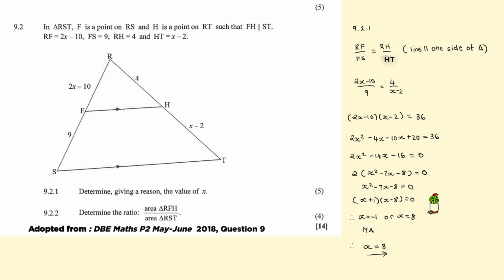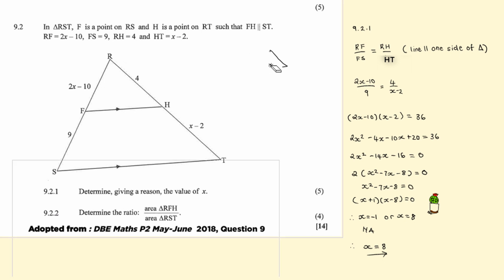Okay, so you're looking for the ratio of the small triangle to this big triangle. Okay, so remember I told you previously that when you have two triangles that have the same height, then the ratio of their areas will be proportional to their bases, right?